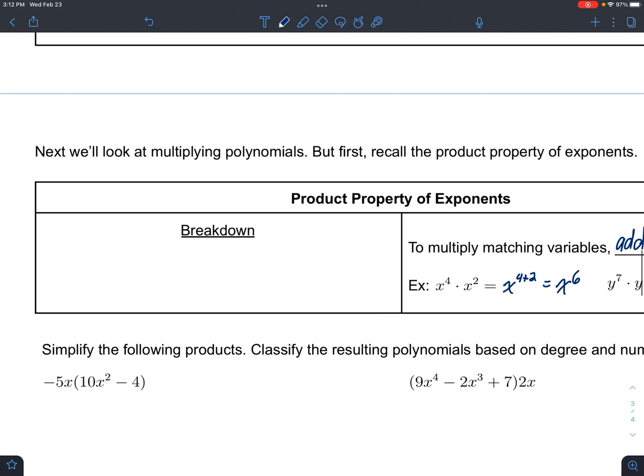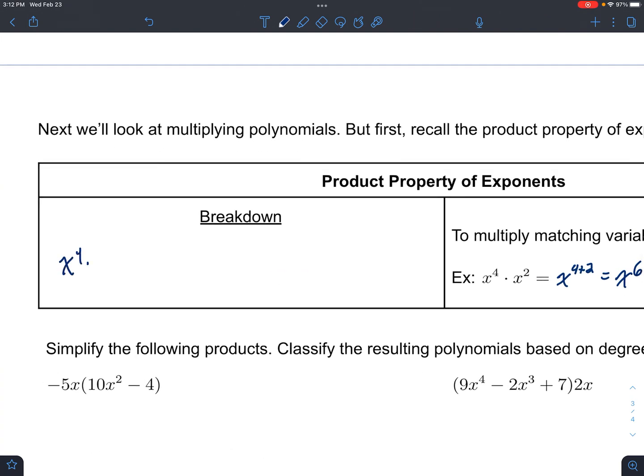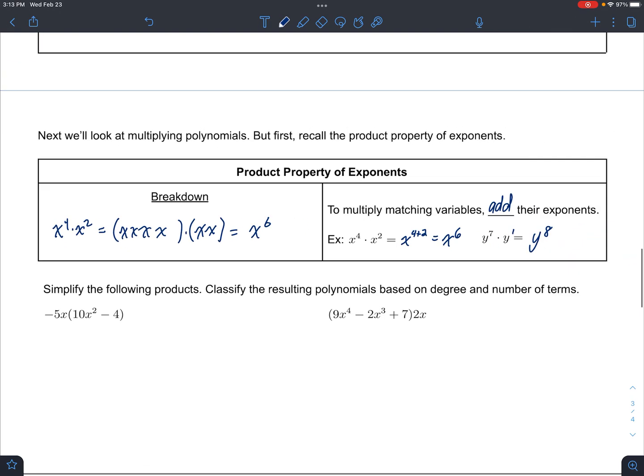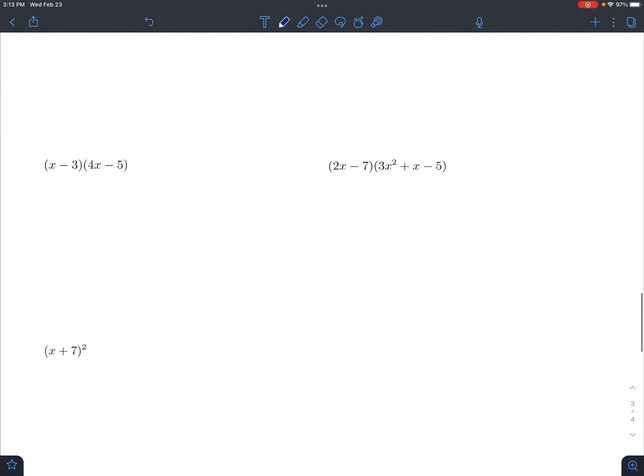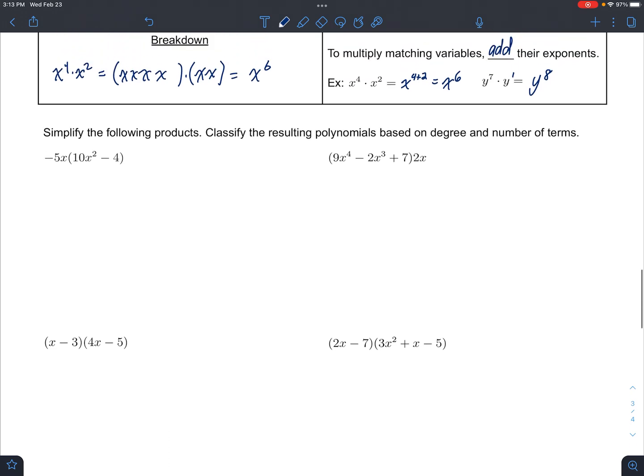The way that we break this down, and this is how I remember it, is x to the 4th is x times x times x times x, and x squared is x times x, and together that's 6 x's multiplied, so it'd be x to the 6th. So that's why that rule works. So let's distribute and practice with these examples here, and then that'll be it.